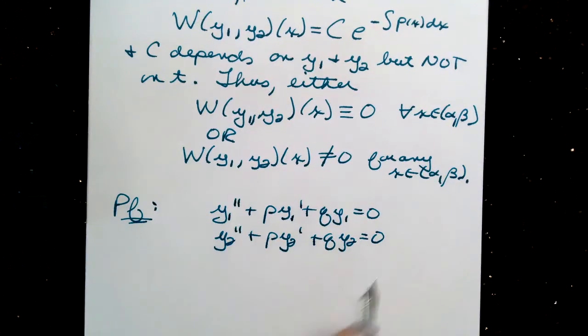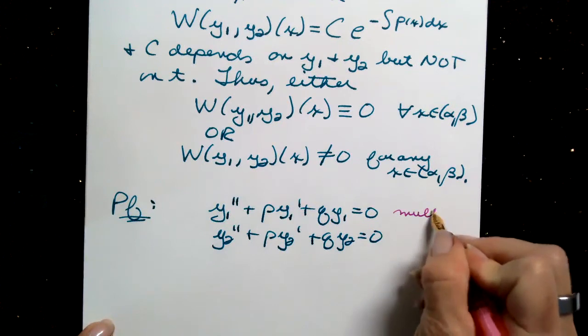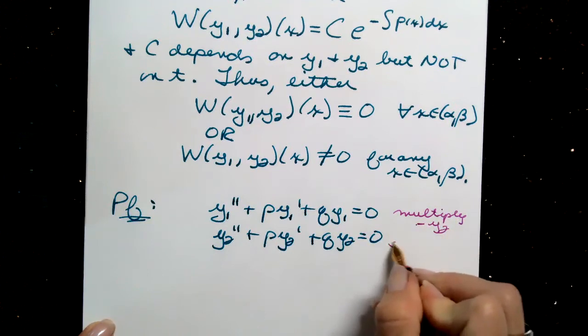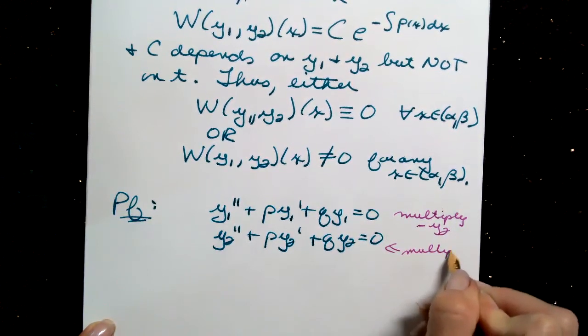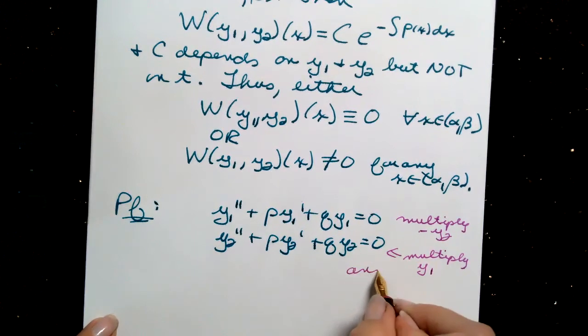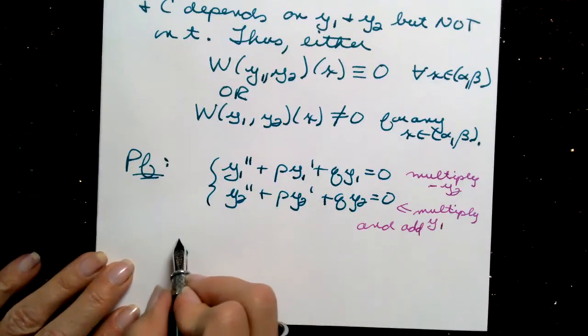Okay, so let's multiply the first equation by minus y2, and we'll multiply this equation by y1. Okay, so when we do that, and then we'll add. So taking these two, let's rewrite it.